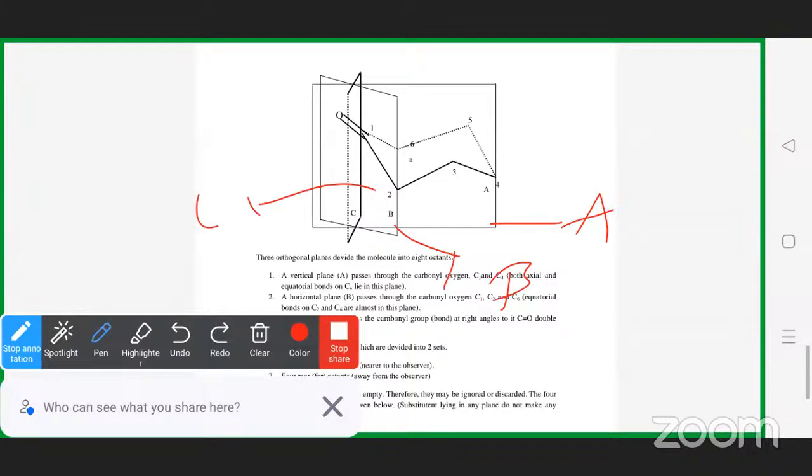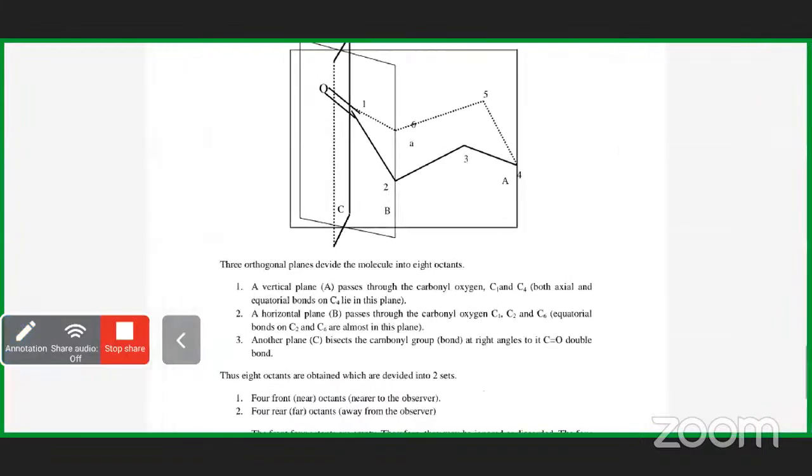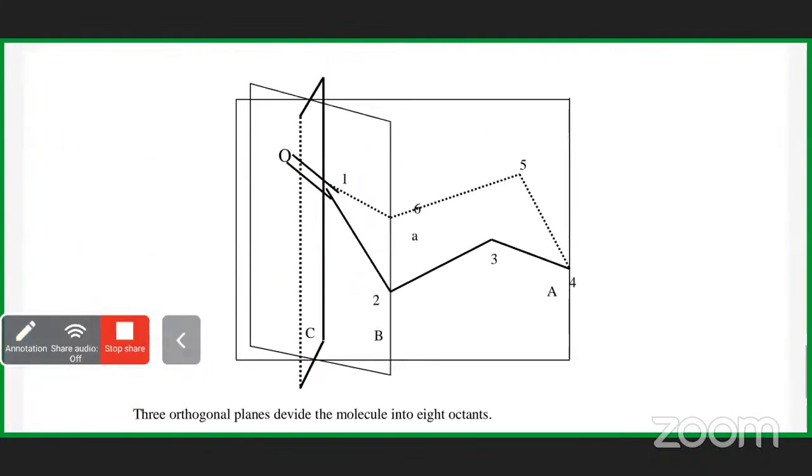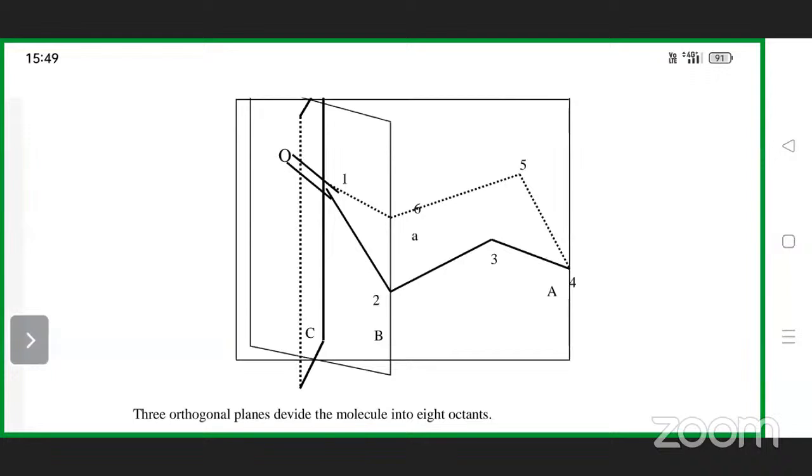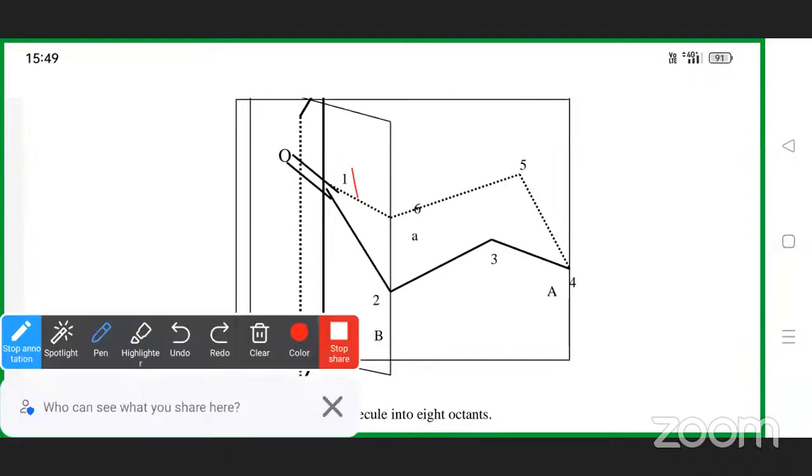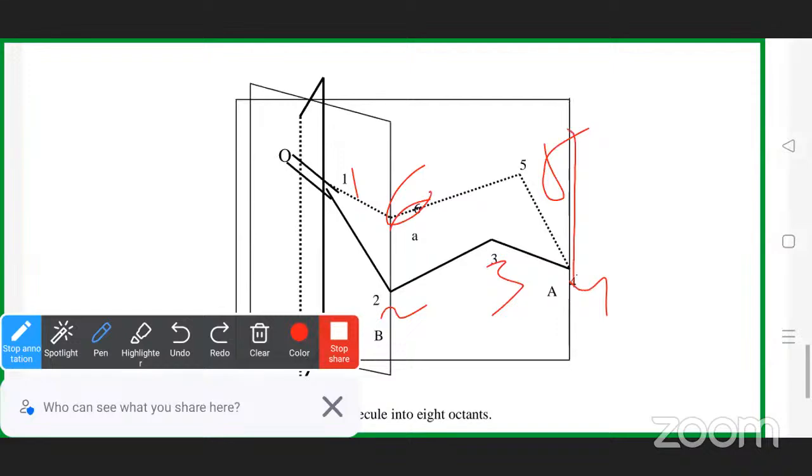The numbering is given as 1, 2, 3, 4, 5, 6.